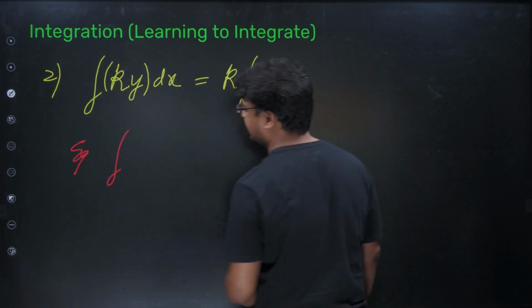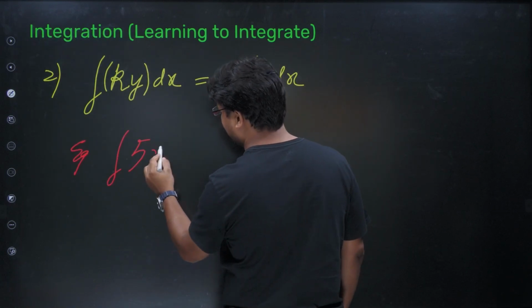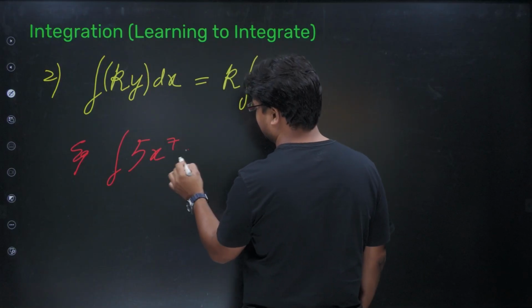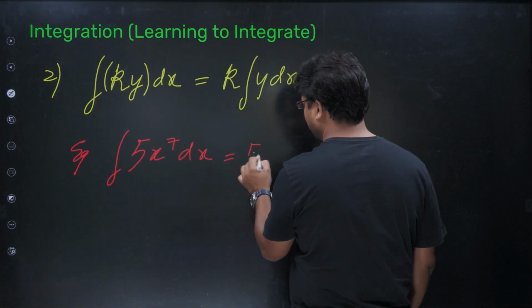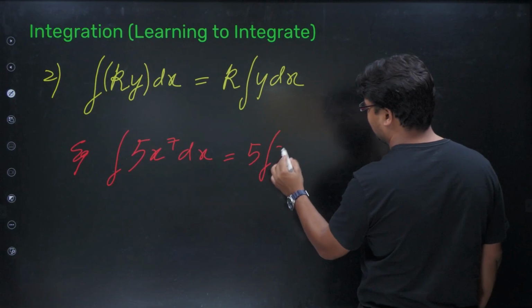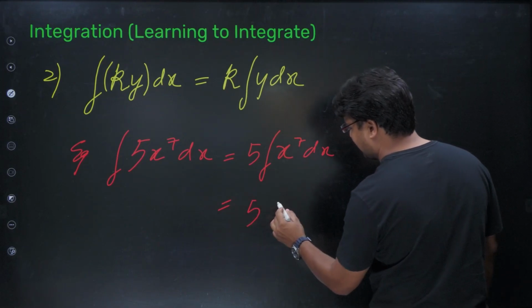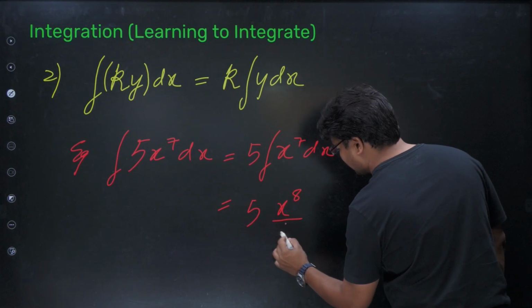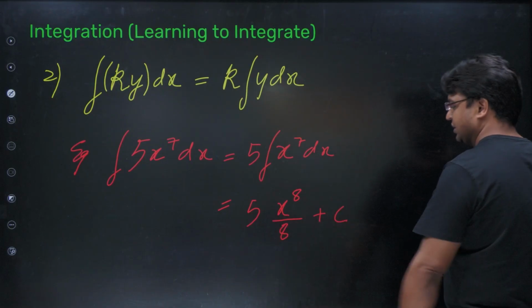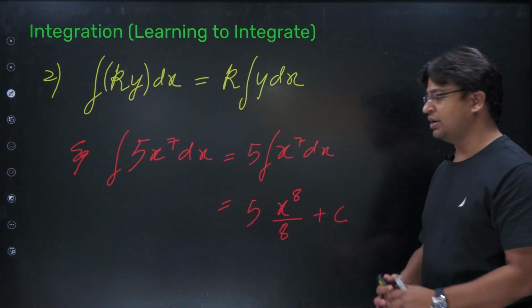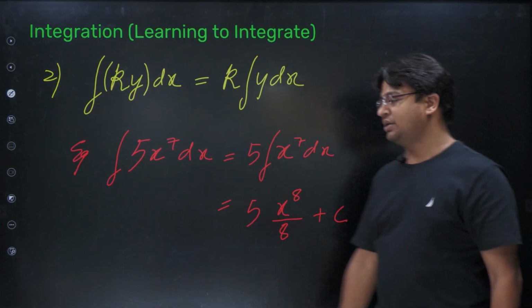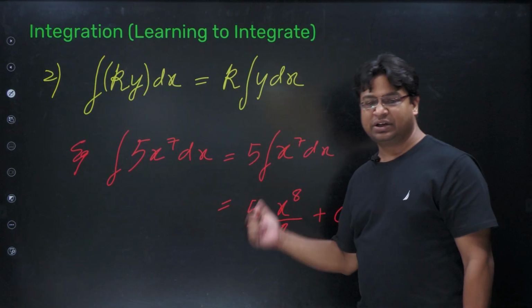If I am integrating 5x^7, then I can take 5 outside the integral sign, then x raised to power 7 dx. So this will become 5 times x raised to power 8 by 8 plus c. So this is what I mean. You can take out the constant and then you can integrate.